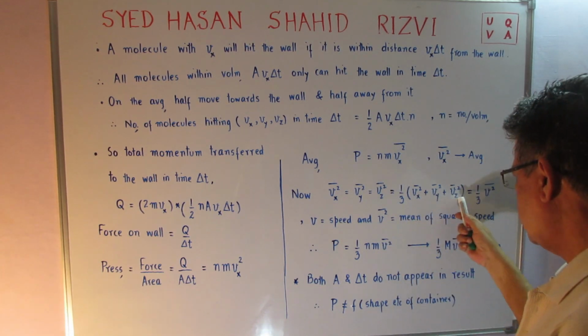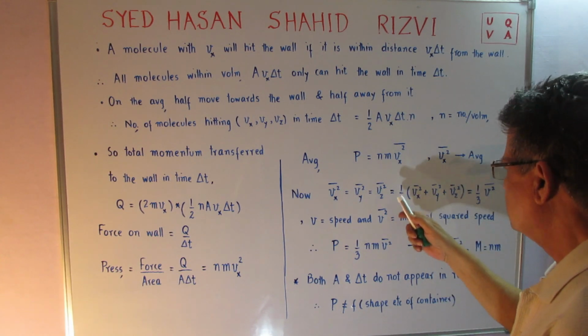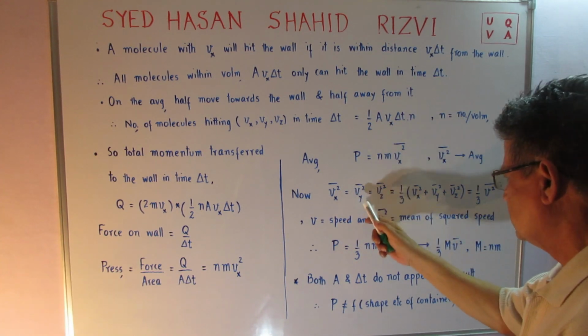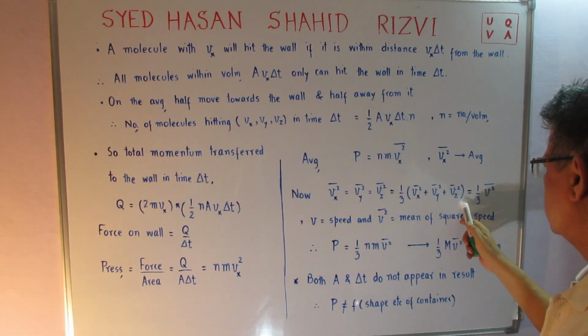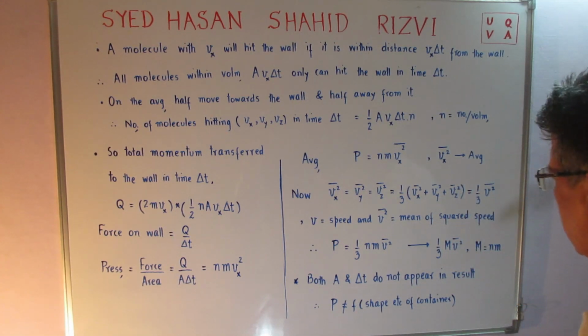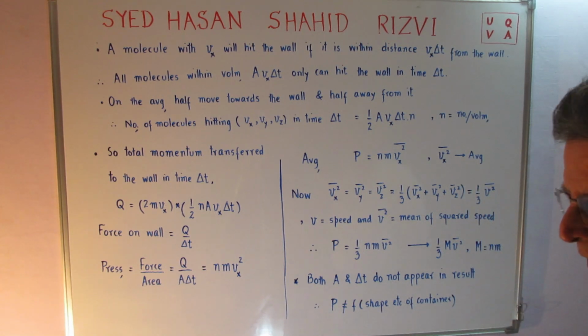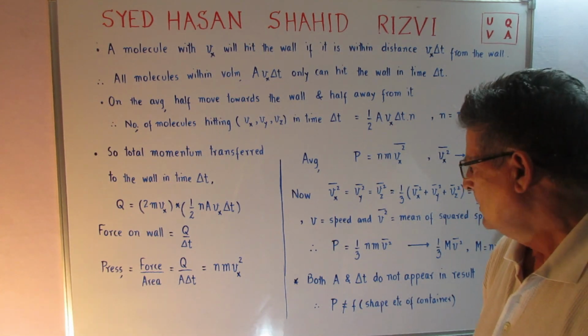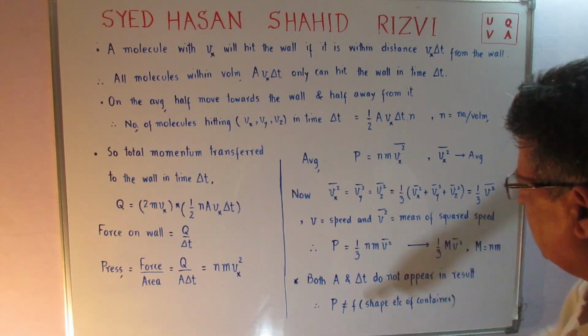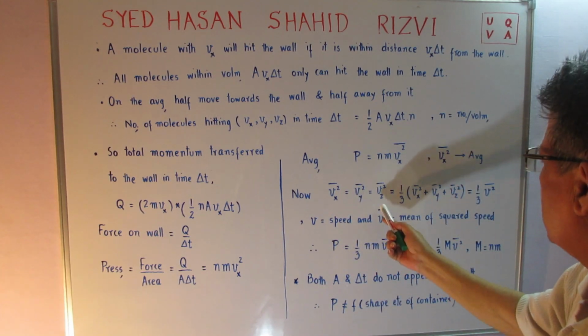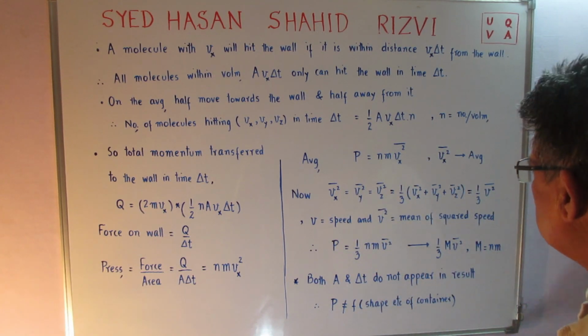The simple logic says that this will be 1/3 of this square plus this square plus this square, which is equal to v square average, where v is the speed and v square is the mean of the squared velocity.